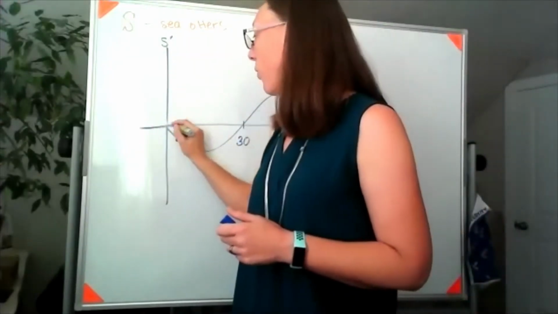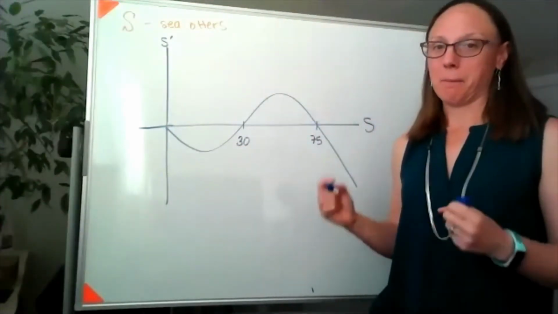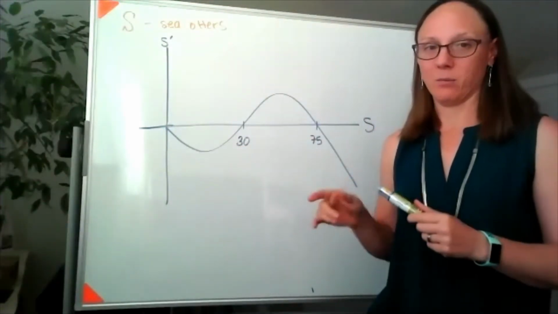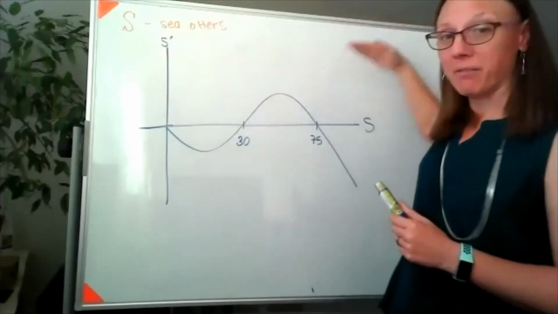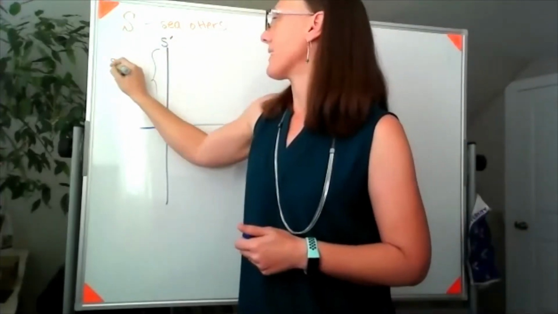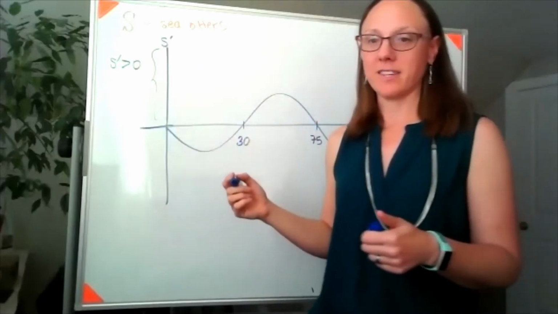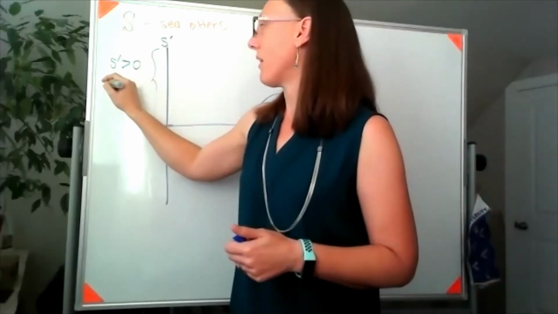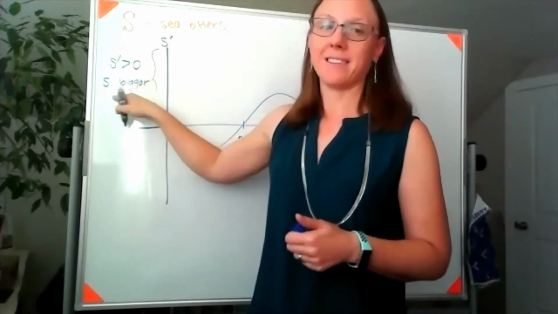Okay, so over here, I'm going to do the same thing we did last time, but hit the fast forward button. Everywhere above the axis, S prime is greater than 0, and if S prime is greater than 0, then S gets bigger.